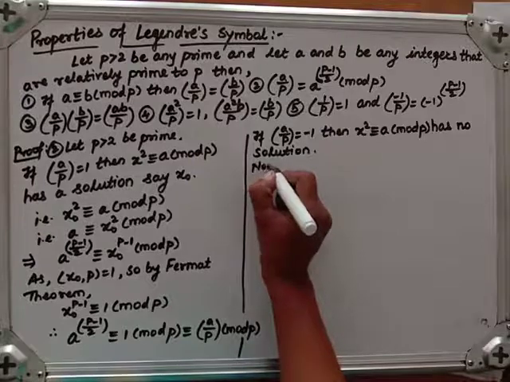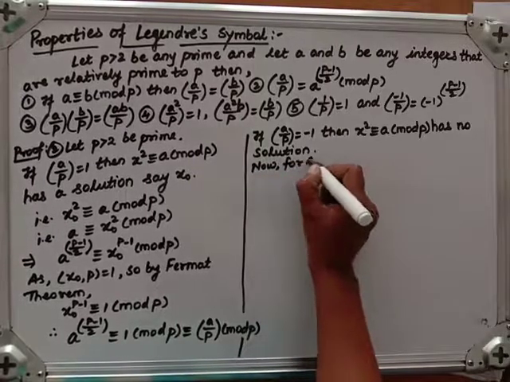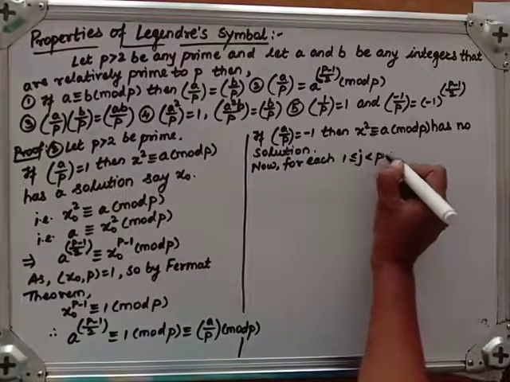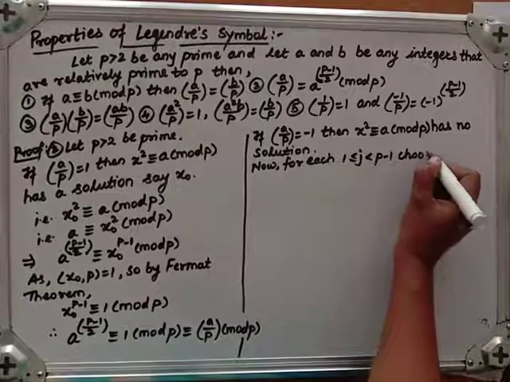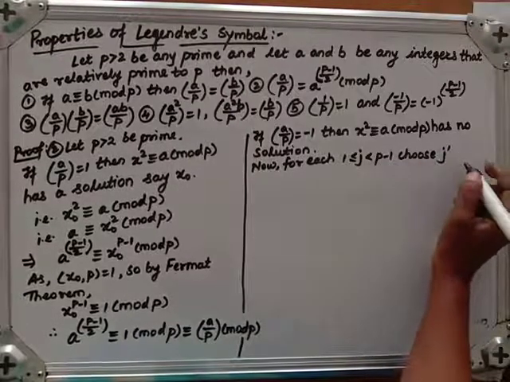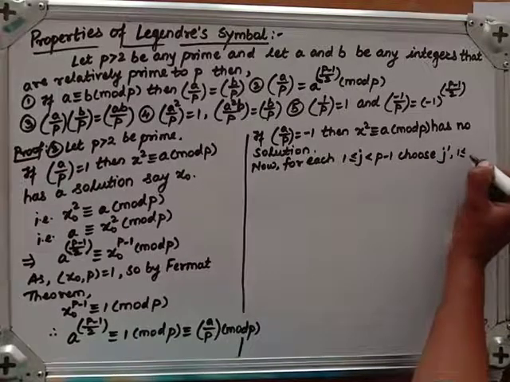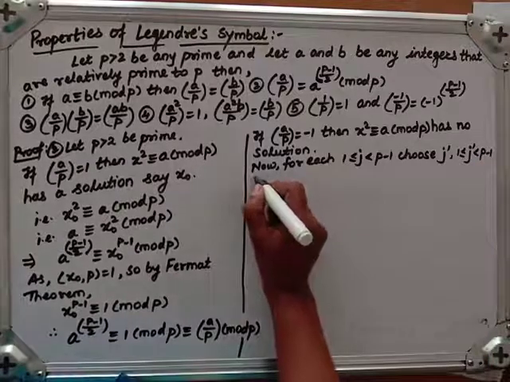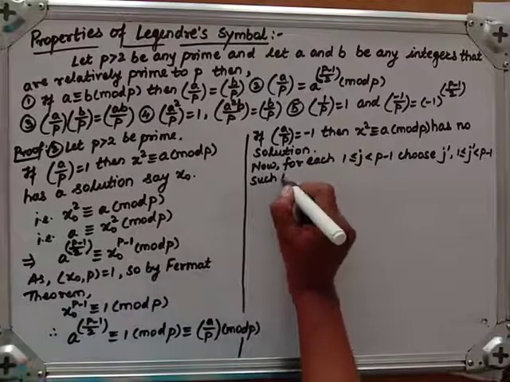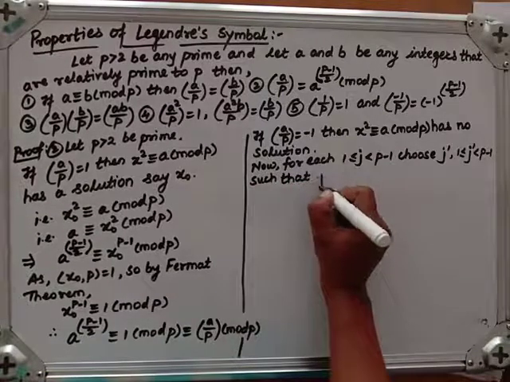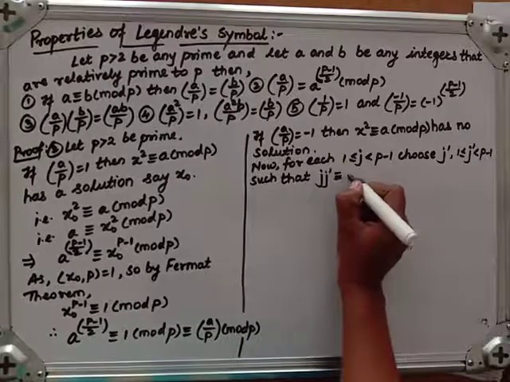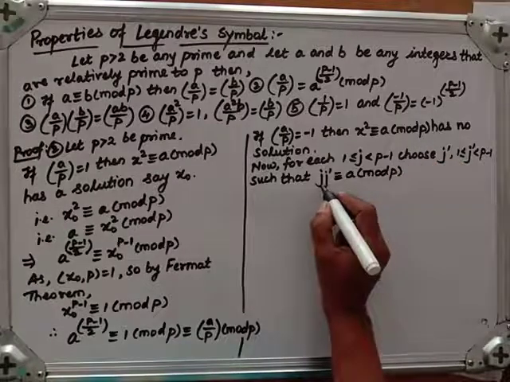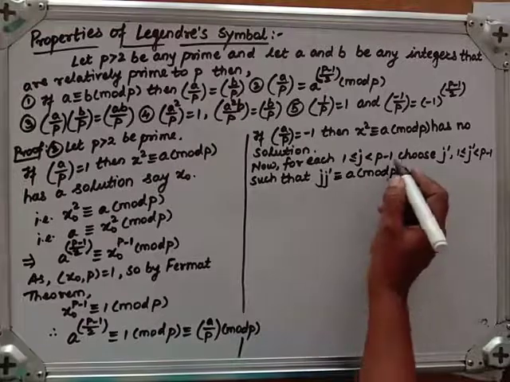Now, for each j with 1 less than or equal to j less than p minus 1, choose j dash, also with 1 less than or equal to j dash less than p minus 1, such that j j dash is congruent to a modulo p, which has a solution, so there will be some other integer less than p minus 1.